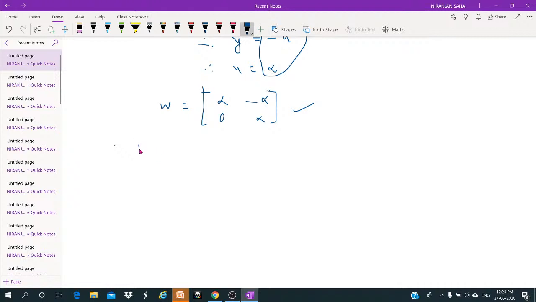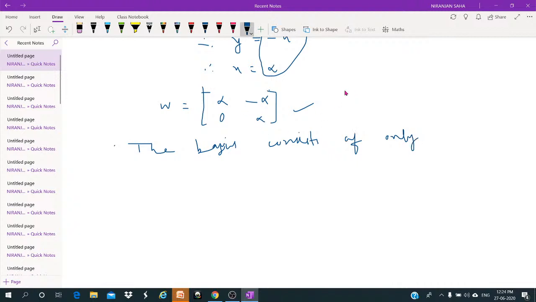So the basis consists of only one element.